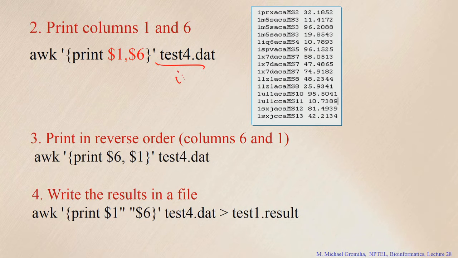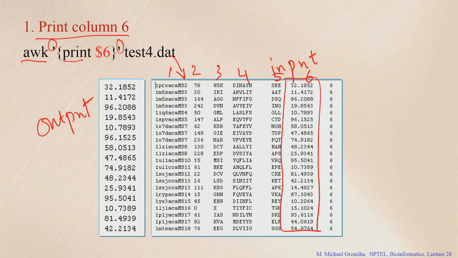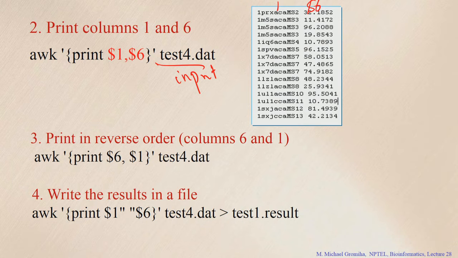Then you will see the first column and the 6th column, and we get the answers. If you look at the input file, this is column 1, this is column 6, and you get 1 and 6.